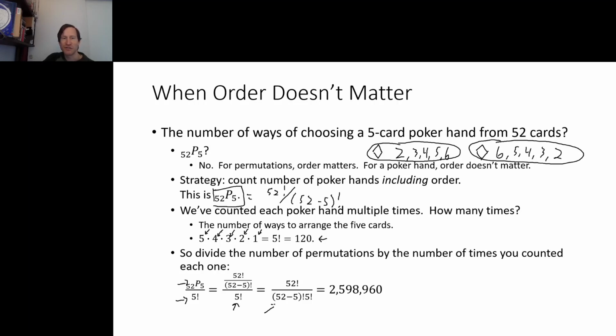You can rearrange the fractions like this: 52 factorial divided by 52 minus 5 factorial times 5 factorial. And if you put this all into a calculator, you get 2,598,960. So quite a lot of poker hands. But this is far fewer poker hands than if you decided that order mattered.